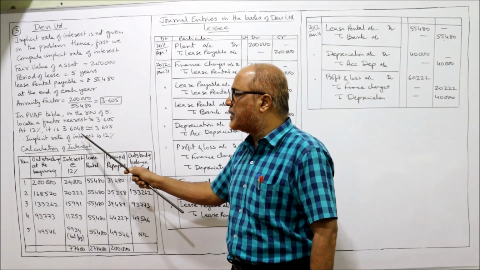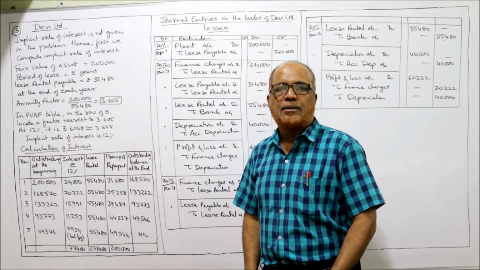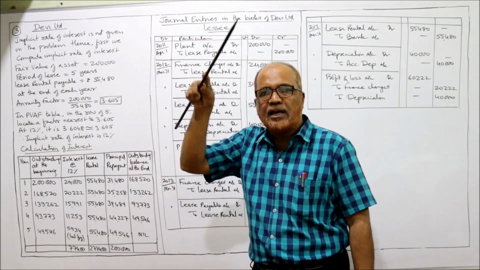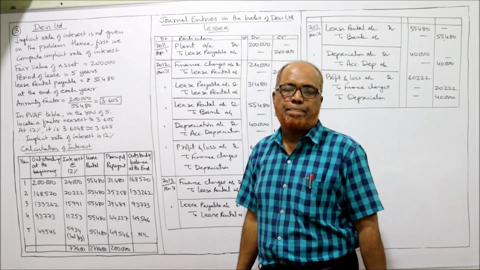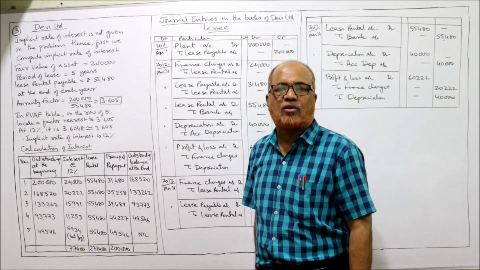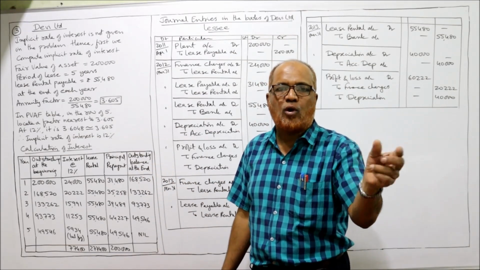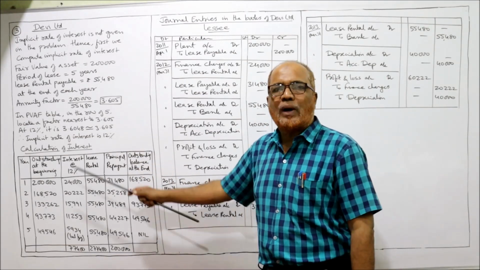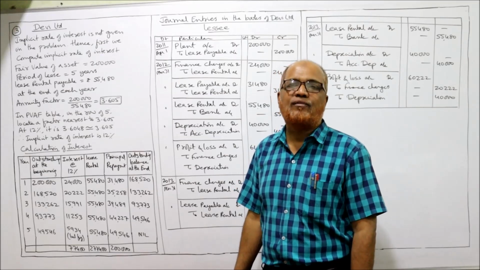So we can take 12% as the implicit rate, because this value is falling in the column 12%. So 12% is the implicit rate of interest.